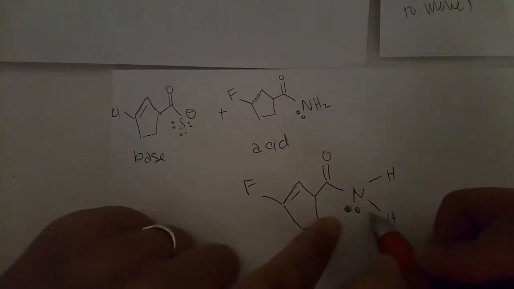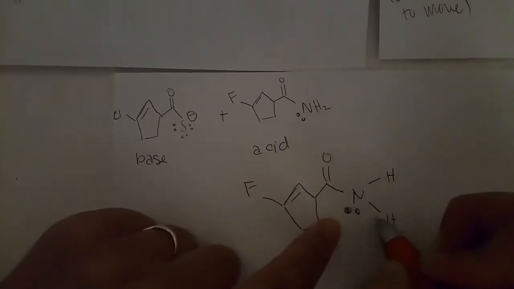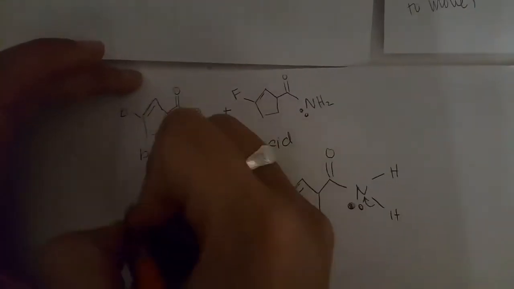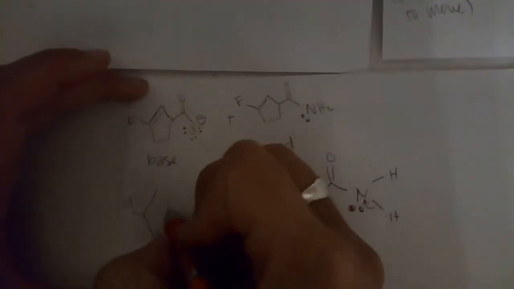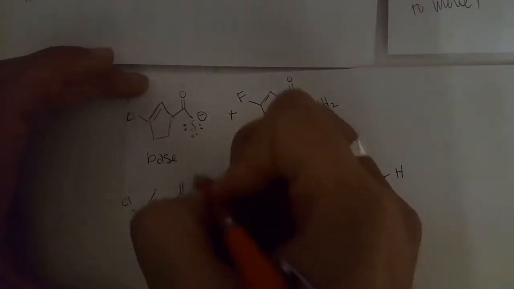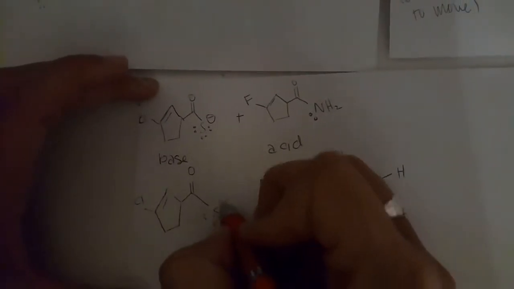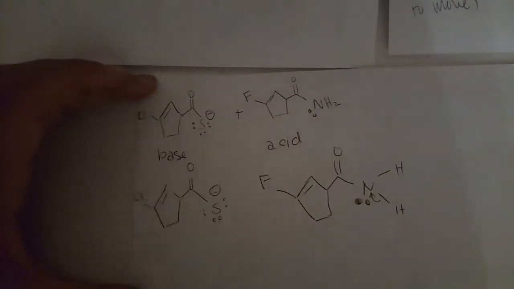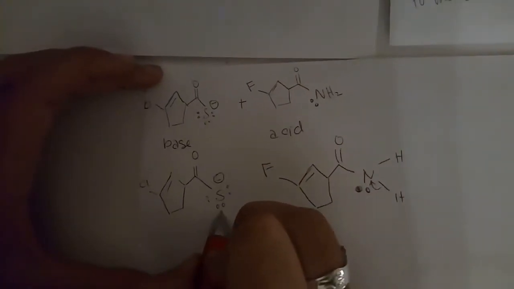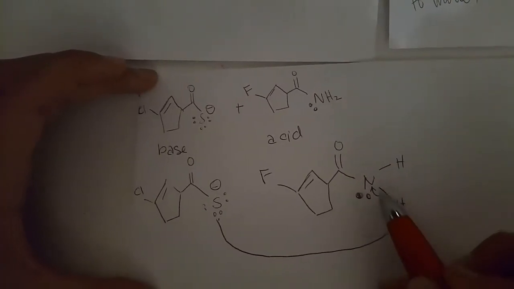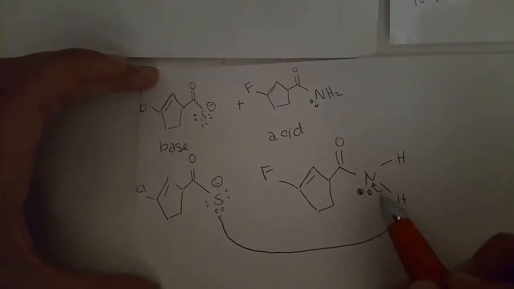The curved arrows are going to be from the bond between the nitrogen and the hydrogen to the nitrogen, and this one with the chlorine and the sulfur has a curved arrow that's going from one of the electron pair sets to the hydrogen that just gave up both of its electrons.